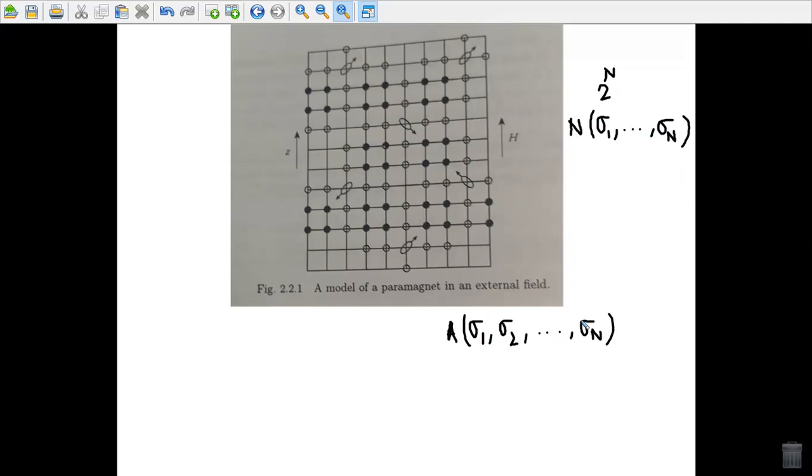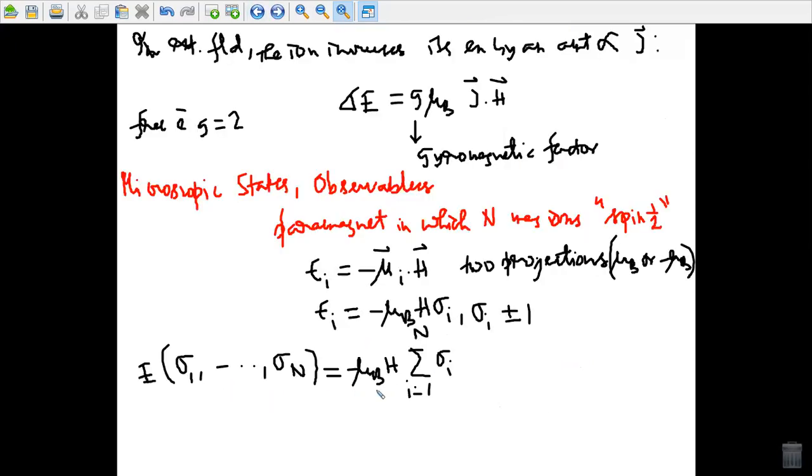For instance, the total magnetic moment along the z-axis is an observable given by M as a function of sigma_1 to sigma_N equals mu_B summation over i equals 1 to N of sigma_i. So is the total energy given by the last one, E equals minus mu_B H summation of sigma_i, right?